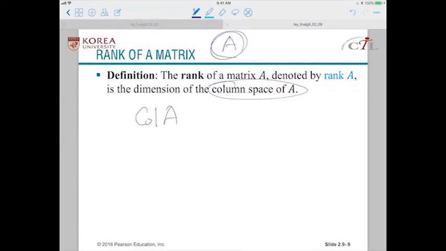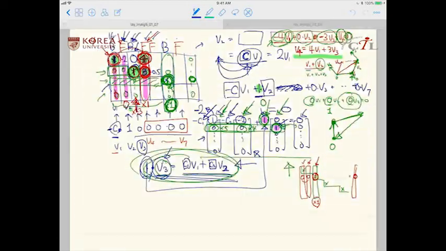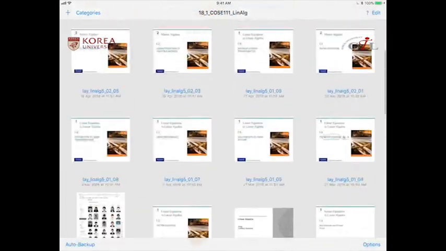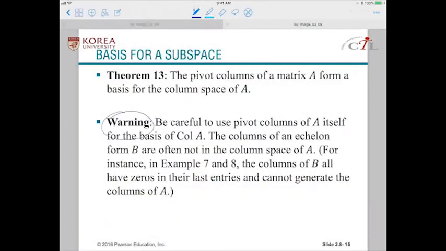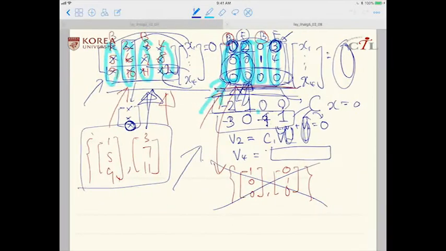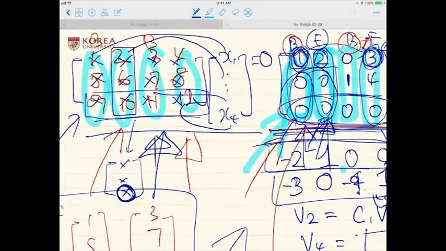As we saw in the previous example with free variables and basic variables, let's see. What is the rank in this case?